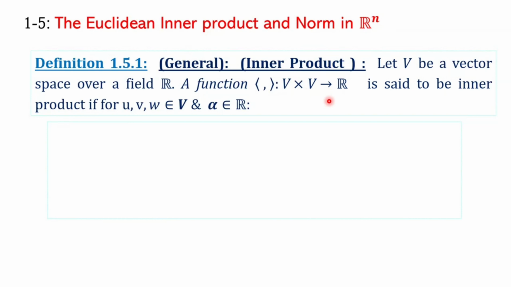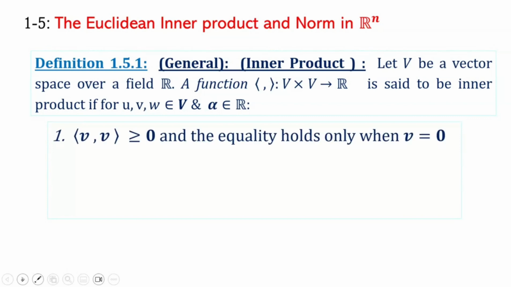A function from V cross V, meaning a two-variable function, to the real numbers R is said to be an inner product if, for u, v, w belonging to the vector space V and alpha from the scalar field R, it satisfies the following properties.